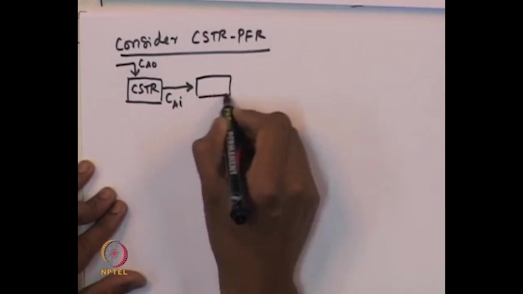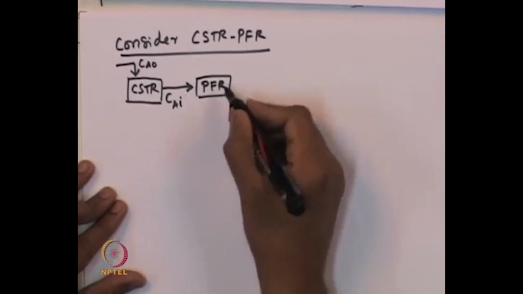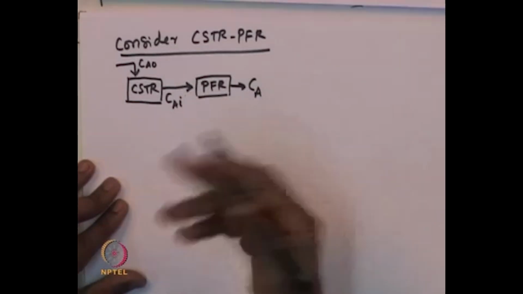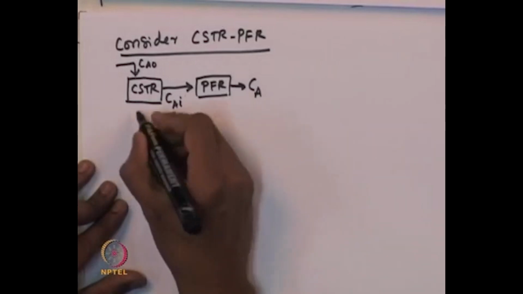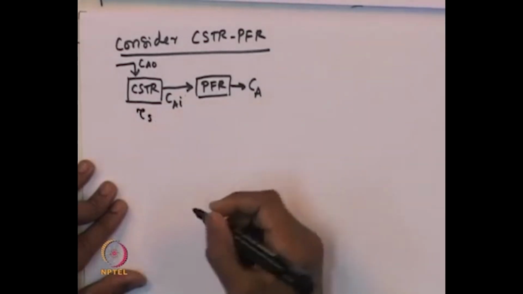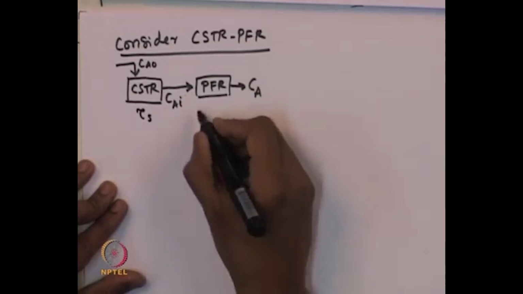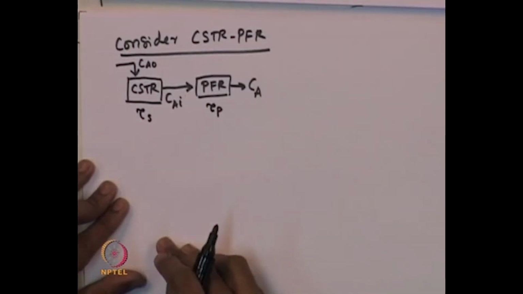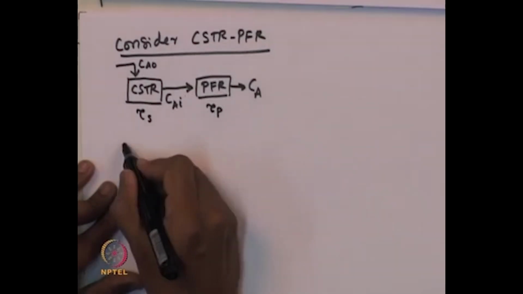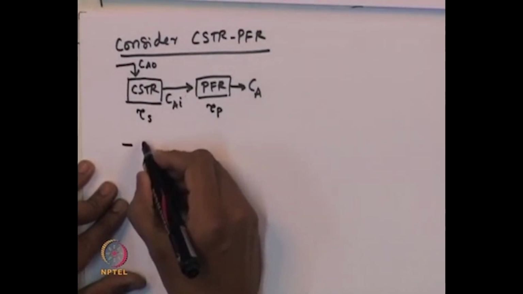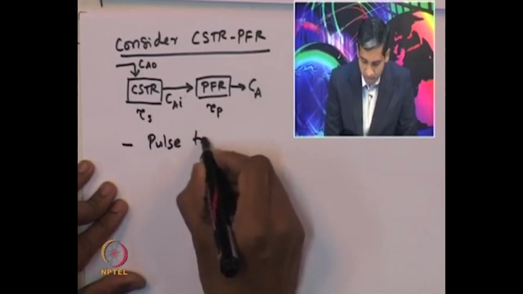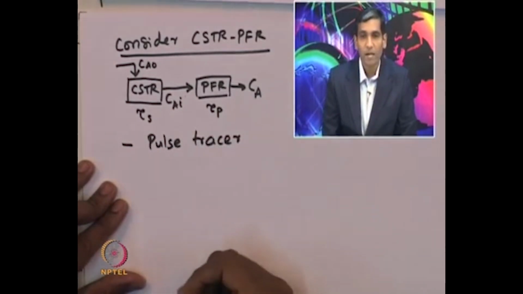Now, this is followed by a plug flow reactor, and as it goes through the plug flow reactor, let Ca be the concentration of the species that leaves the plug flow reactor. If tau s is the residence time of the CSTR, and tau p is the residence time of the plug flow reactor, let us say the tracer introduced is a pulse tracer.